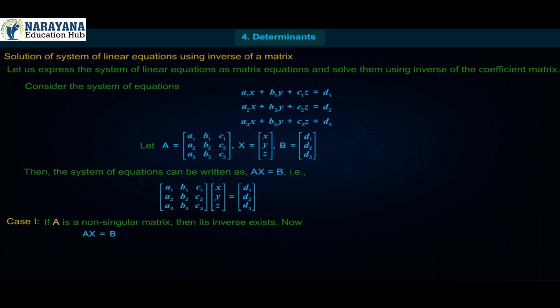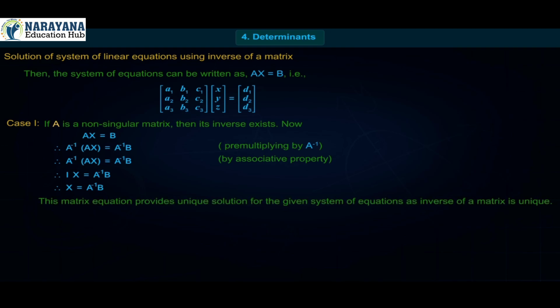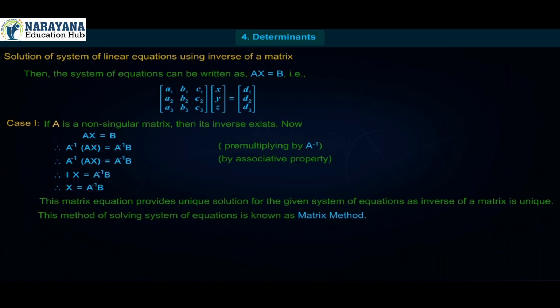Now AX = B. Pre-multiplying by A inverse, A inverse AX = A inverse B. By the associative property, (A inverse A)X = A inverse B. Therefore IX = A inverse B, so X = A inverse B. This matrix equation provides the unique solution for the given system of equations, as the inverse of a matrix is unique. This method of solving a system of equations is known as the matrix method.